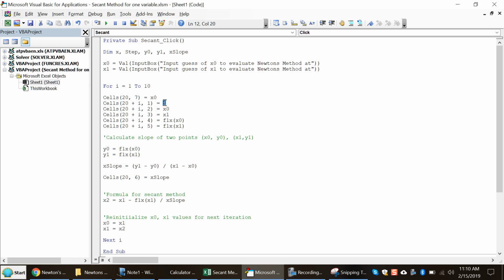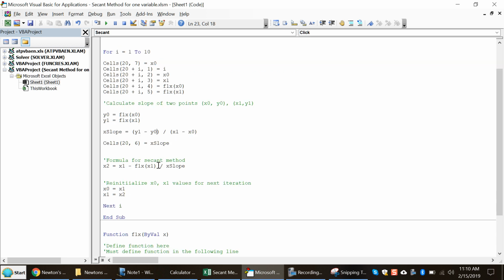So this is just the number, like the first iteration, second iteration, third. This is my first guess, my second guess. This is the function that's evaluated at the first guess. This is the function evaluated at the second guess. Right? Very simple.